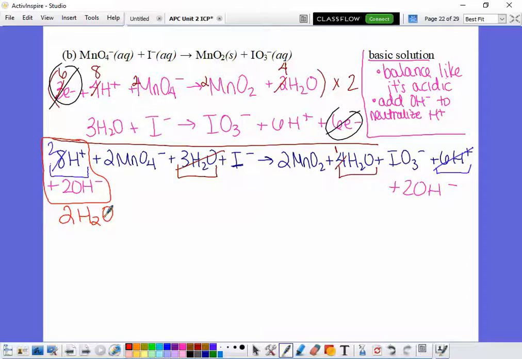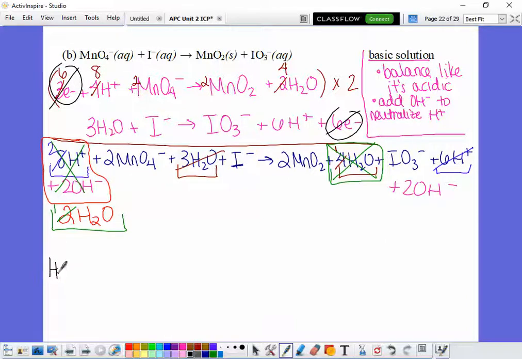Now we have 2 H2O in and 1 out. What's our net? 1 in. So this H2O completely cancels, and this reduces down to 1, because this became 2H2O. So now we're ready to rewrite it. We're done canceling things. Now we're going to rewrite.